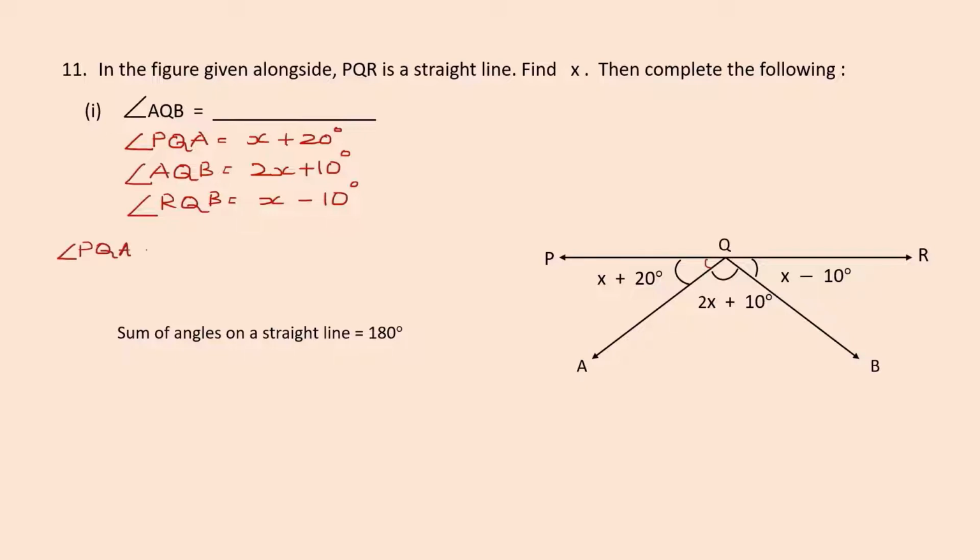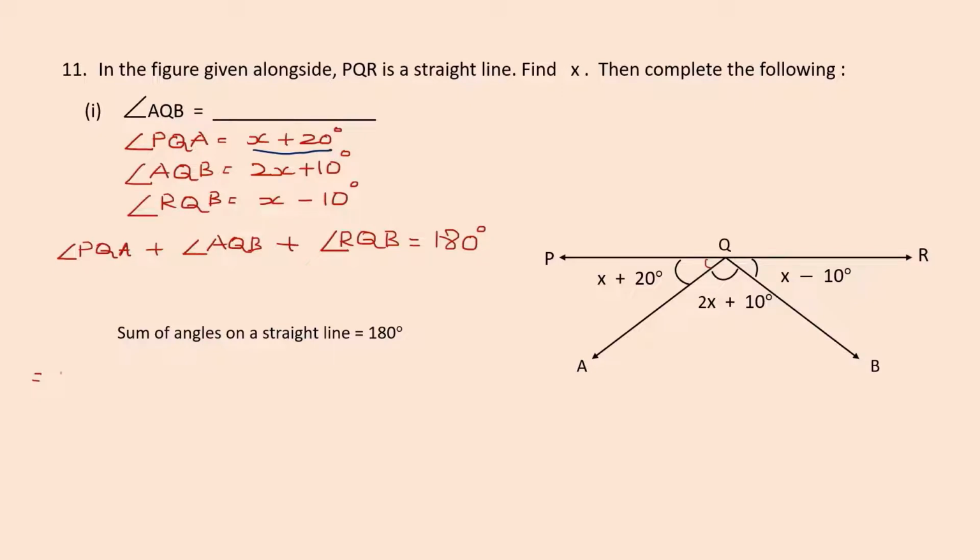PQA plus angle AQB plus angle RQB should be equal to 180 degrees. So let's work that out below here. How much is angle PQA? It's given here. Angle PQA is x plus 20.